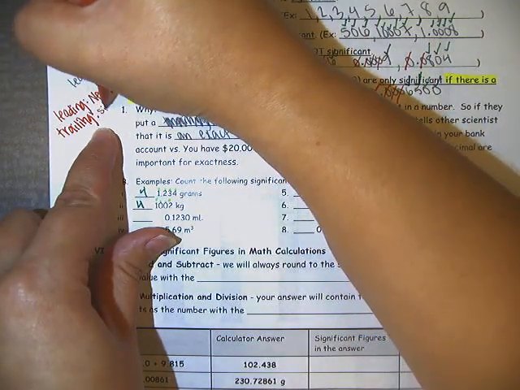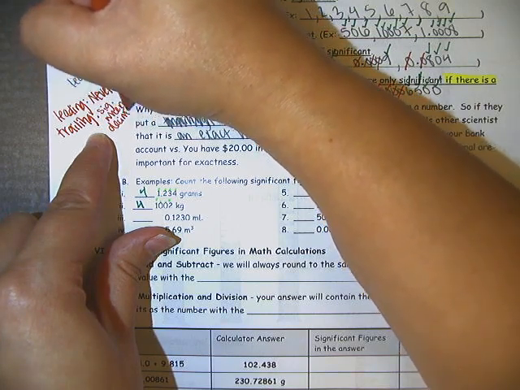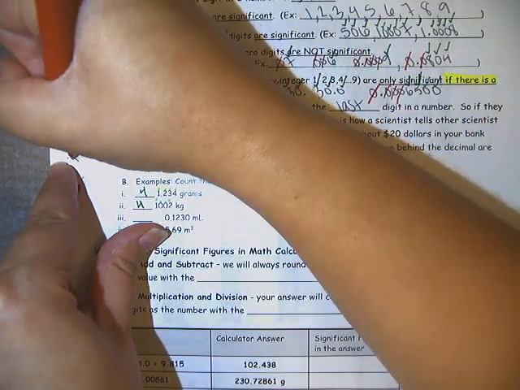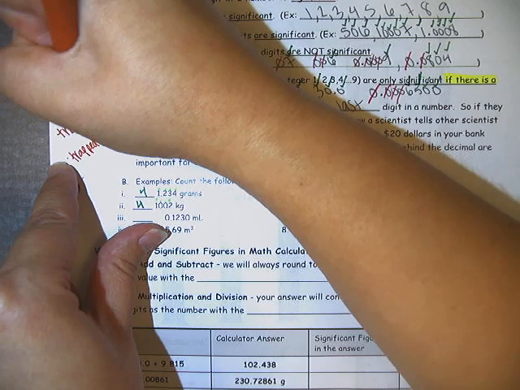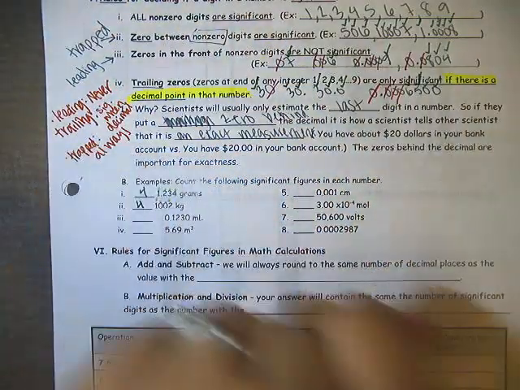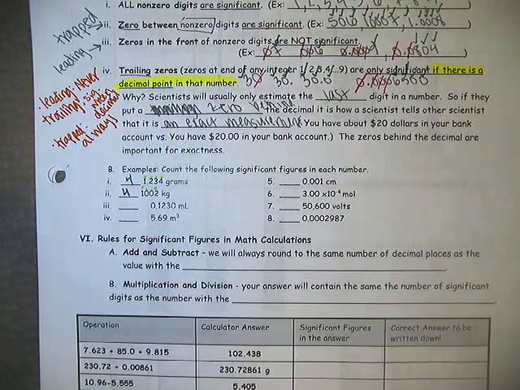So significant when decimal, even if it's not after the decimal. And then if you are a trapped zero, you are always significant. So if you keep those in mind, that will help you.